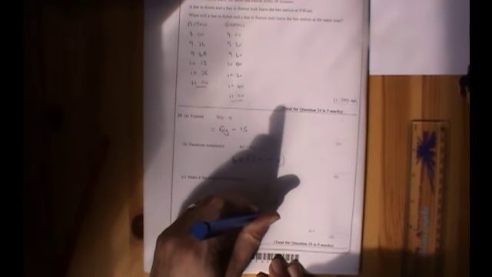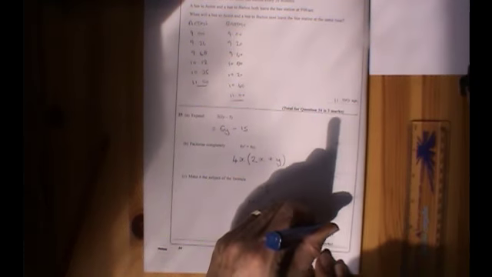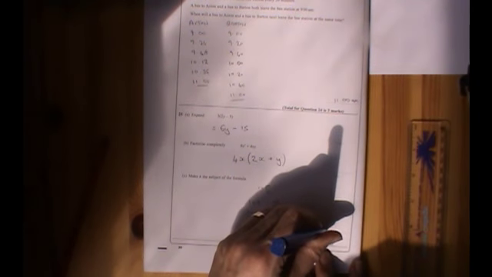We've got to get h on its own, so the opposite of multiplying by g is dividing by g. So h is going to equal 10t divided by g. So our answer is h equals 10t over g.